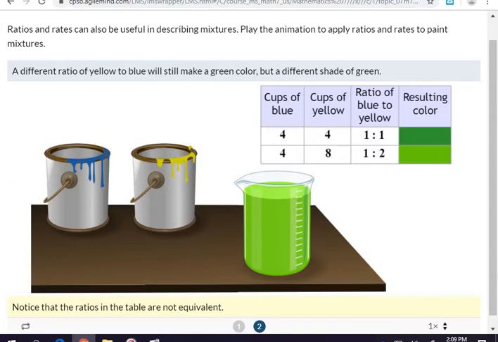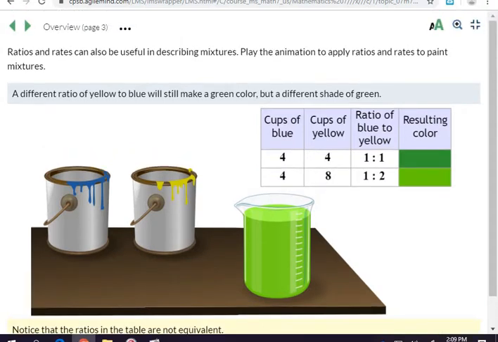No. So these are not equivalent ratios because they didn't reduce down. So I agree that you would have to have half and half, or equal amounts in both. Okay? Moving on here.